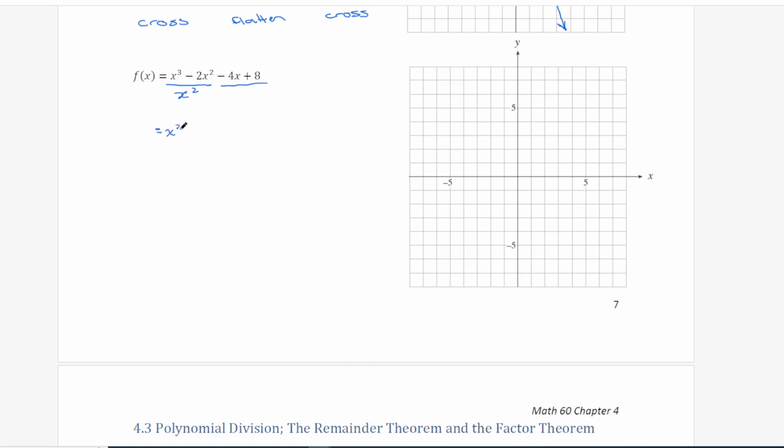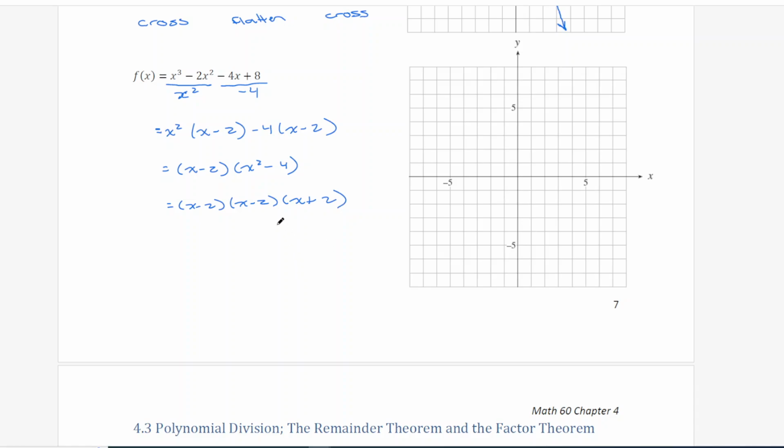If we take out an x squared, we're left with x minus 2. For this one, I'm going to take out a negative 4, and I'm left with x minus 2. So I'm going to greatest common factor out that common bracket of x minus 2. I'm going to be left with x squared minus 4, which is a difference of squares. And we'll factor to x minus 2, x plus 2. Sometimes I think I write too fast.